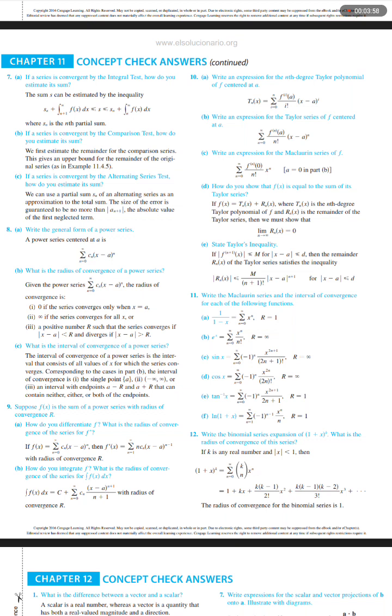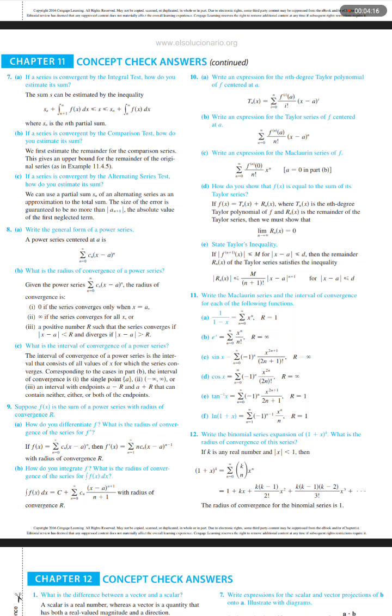Suppose f of x is the sum of a power series with radius of convergence R. How do you differentiate f? What is the radius of convergence of the series for f prime?